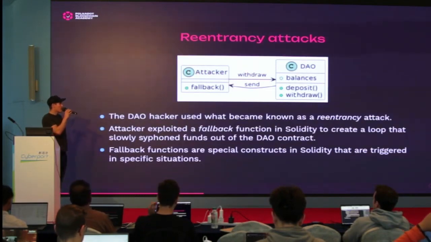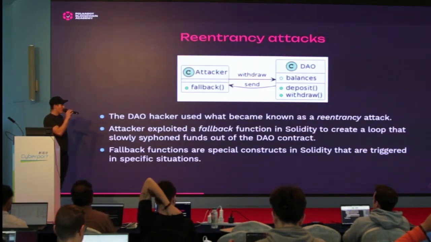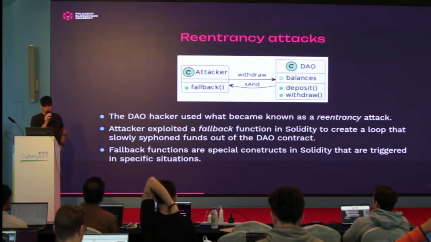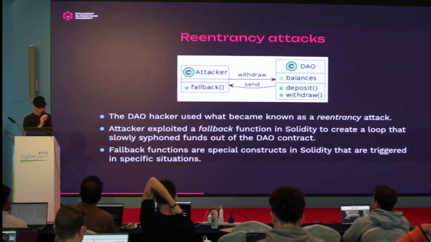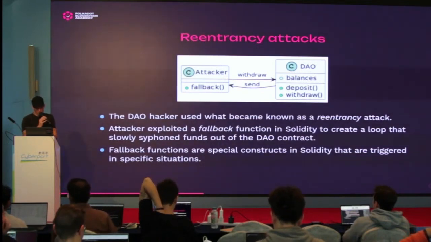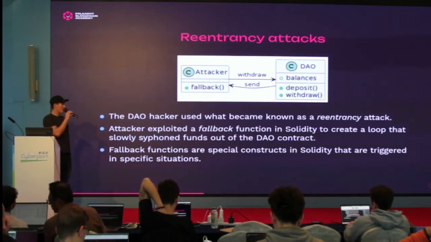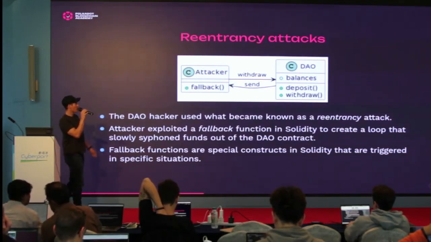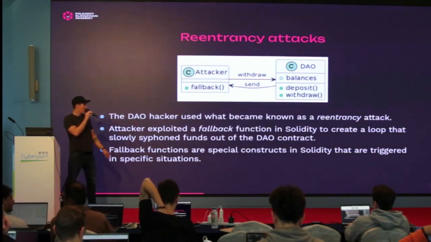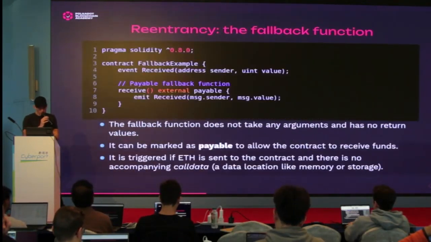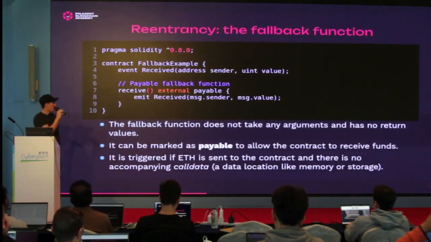And the exact attack that happened became known as reentrancy. And it goes something like this. Before we actually see the exact code and where the vulnerability was, we have to talk about something called a fallback function. So Solidity has a special function.